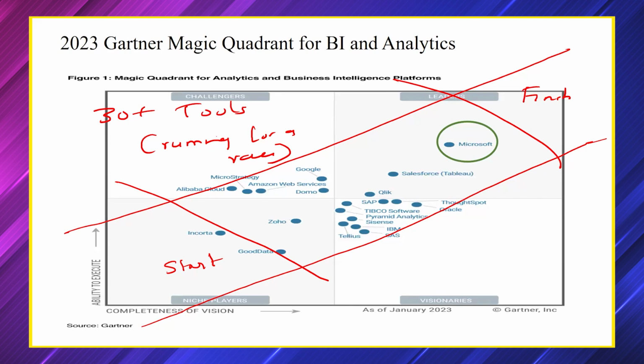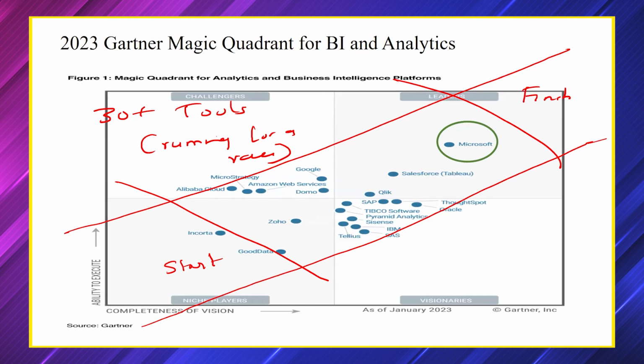Now, this is a race. I've asked you to imagine this is a race. From the 4 examples which we have seen, the case studies, now I want you to think differently, out of the box, and tell me what is happening in this visual. 30 plus tools are running for a race, and we have a start and we have a finish.